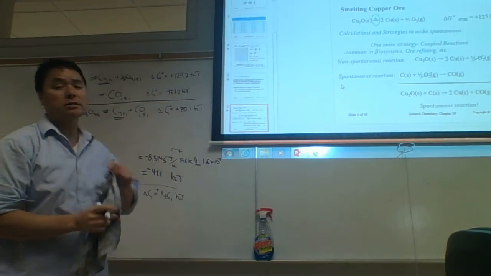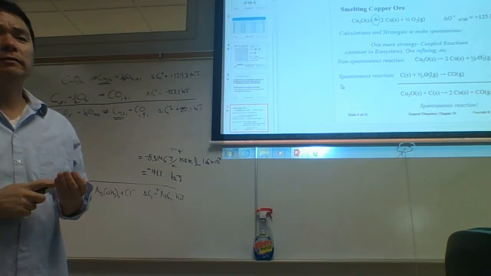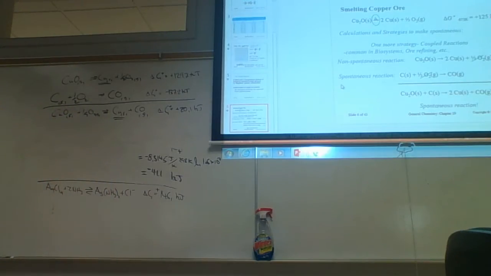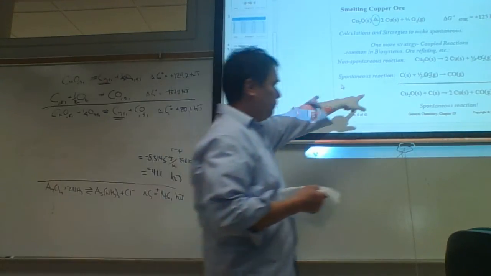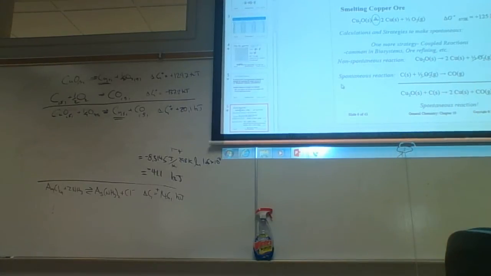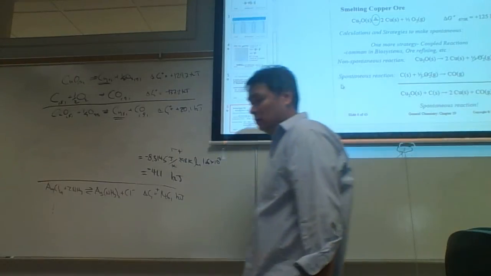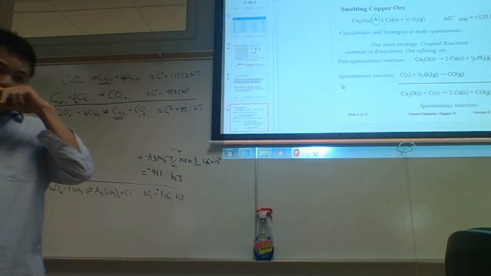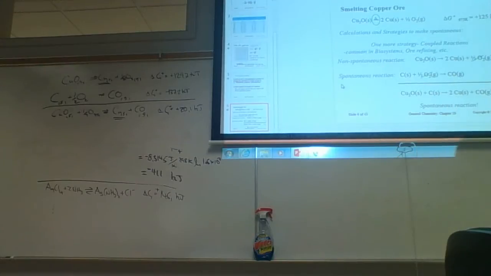But why is the carbon monoxide off from mine? Somebody tell me why. Why is the delta G for carbon monoxide different than mine? Look at the slide and tell me. You can figure it out.